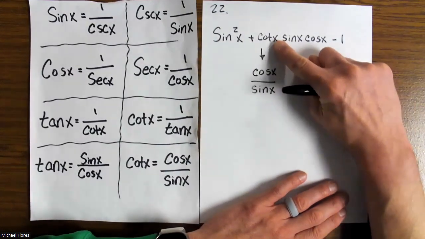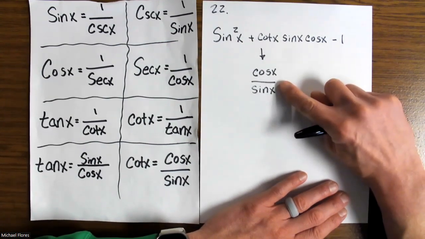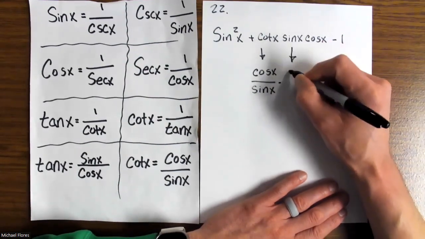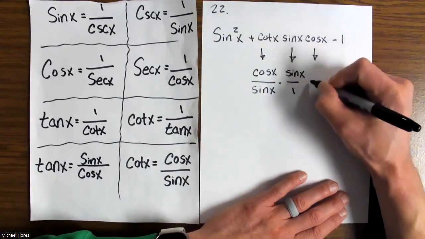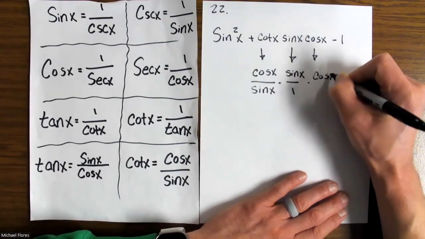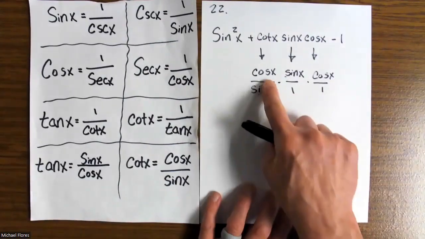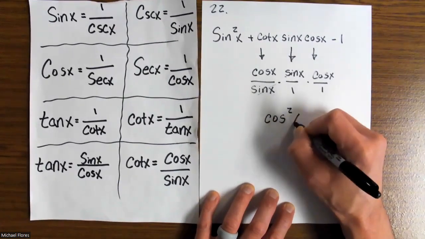We want to change cotangent to its quotient identity, which is cosine over sine, times, leave sine alone. I guess you could put it over 1 if you wanted to. Leave cosine alone. Now, these cross cancel, leaving us with cosine times cosine, which is cosine squared of x.